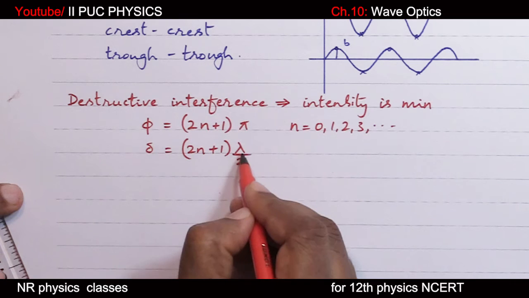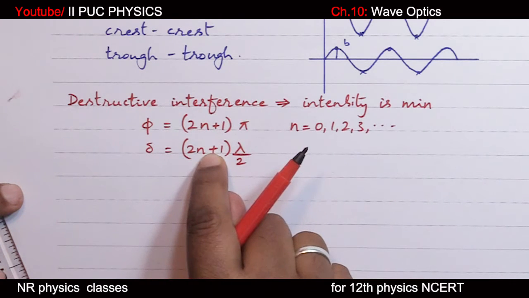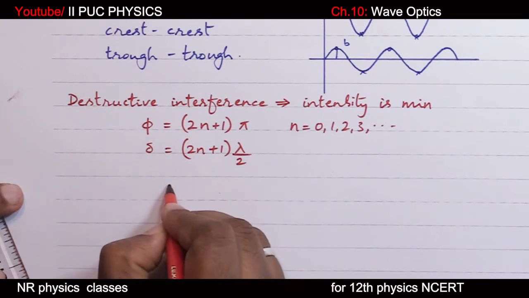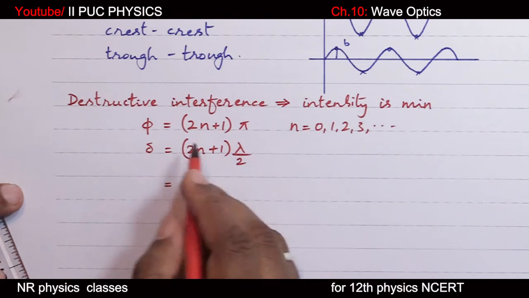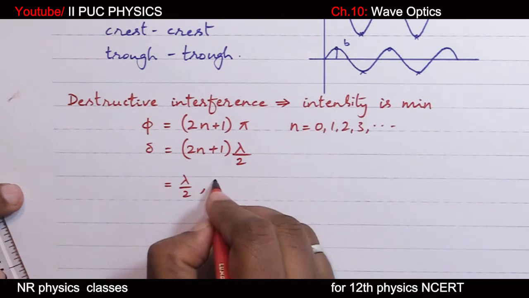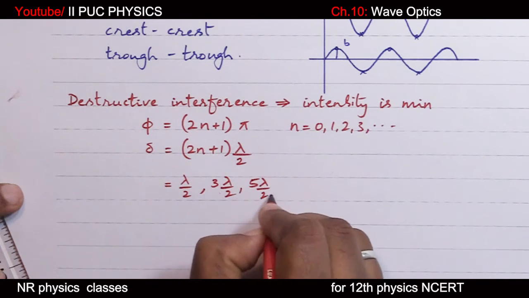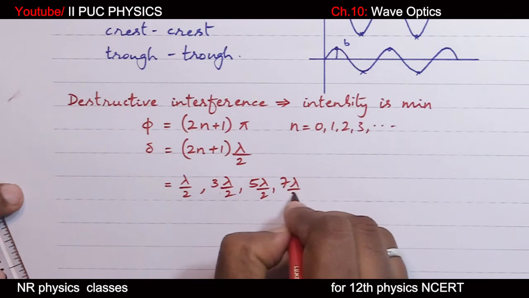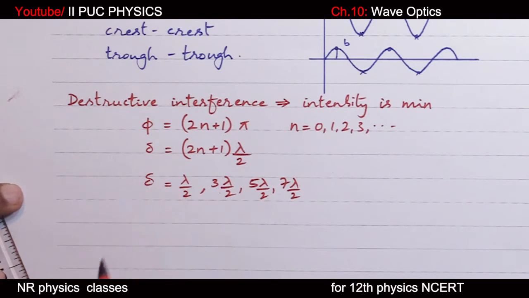Pi in place of pi, lambda by 2. Substitute 0, we get lambda by 2. Substitute 1, we get 3 lambda by 2. After that 5 lambda by 2, 7 lambda by 2. So this is for path difference.